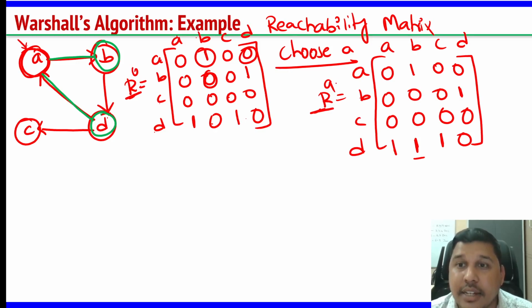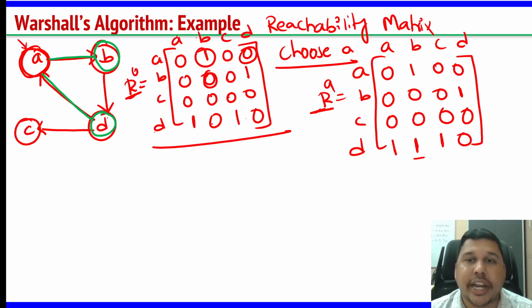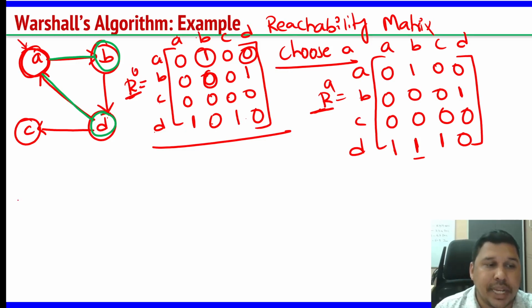It indicates that using A as the intermediate node, we are trying to find out whether I can reach all the other vertices or not. I am trying to show a path using A. Via A, do we have a path between some nodes which originally do not have a path? That is what we are trying to show.